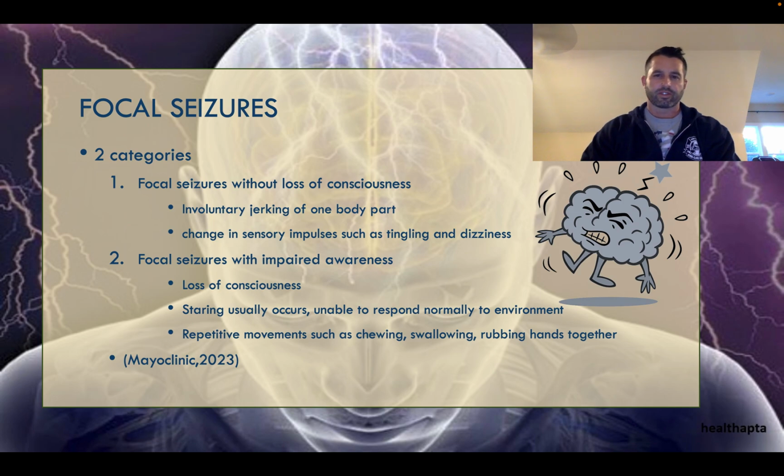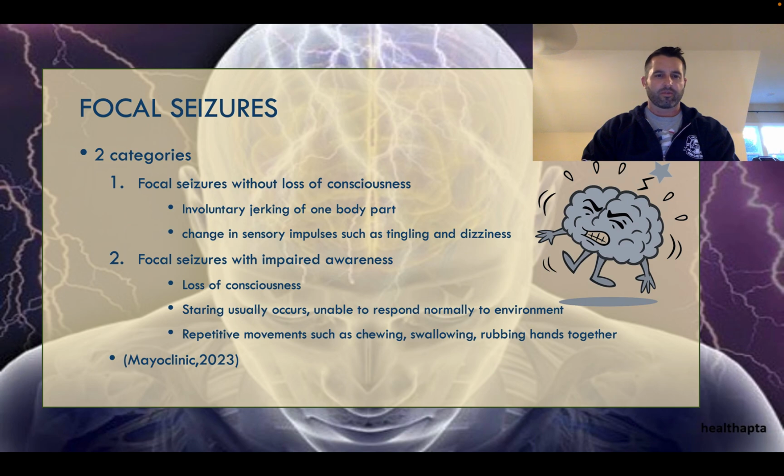With focal seizures without loss of consciousness, you have repetitive jerking of a body part, an arm or a leg. It could also be a tingling sensation, or something that causes dizziness or some type of abnormal sensation.